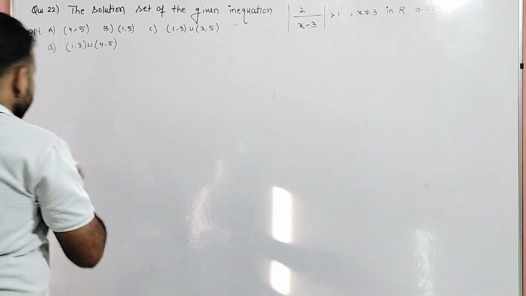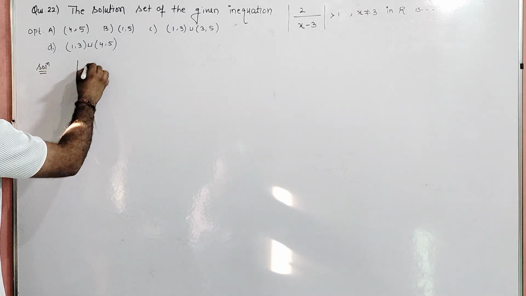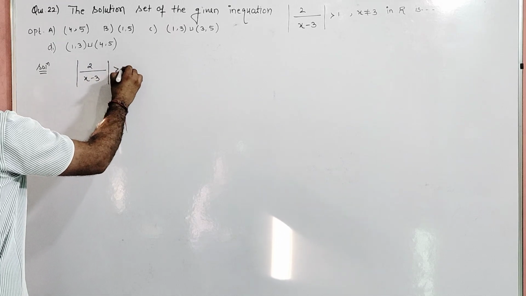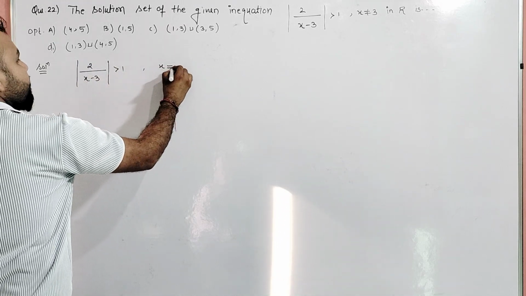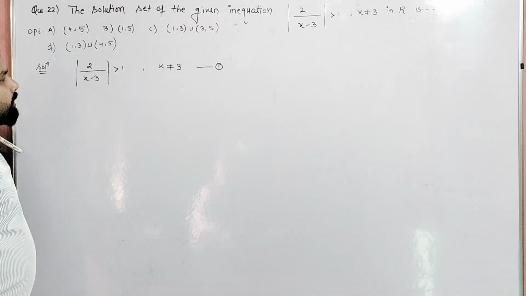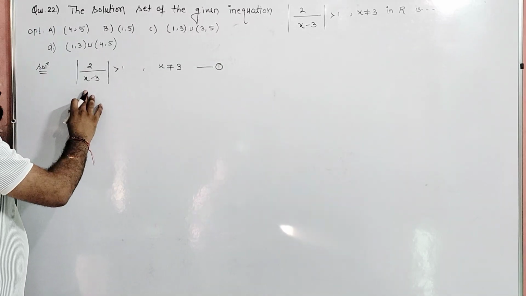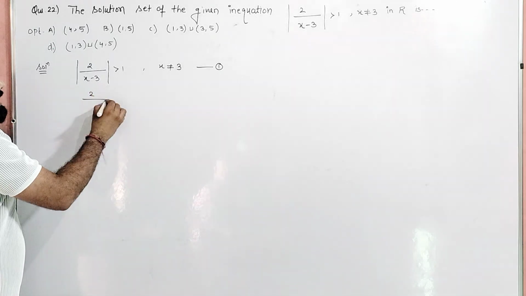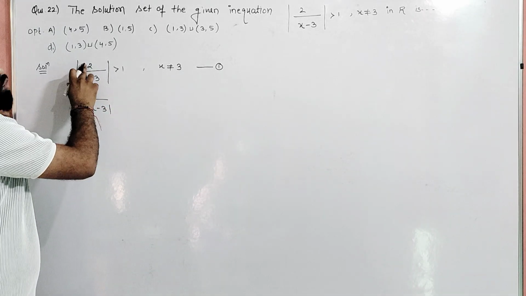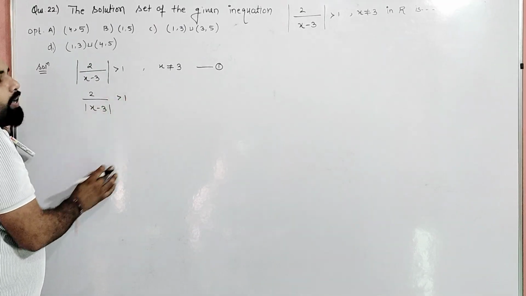So student, solution for this question: you can see there is given 2 upon mod x minus 3 which is greater than 1 and x is not equal to 3. Remember this thing. This is our equation first. Because 2 is a positive quantity, writing mod or not doesn't affect the inequation.